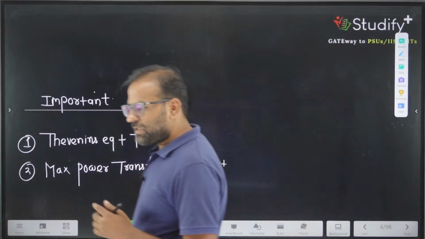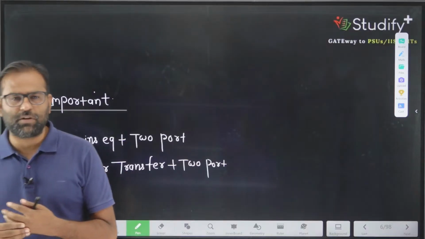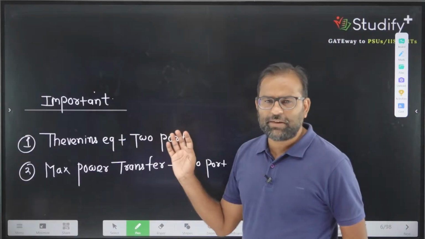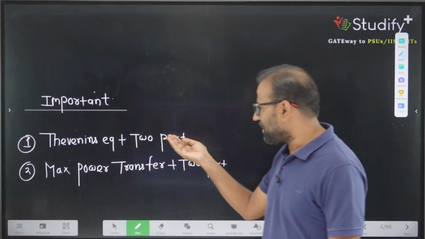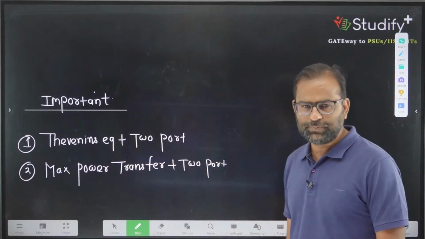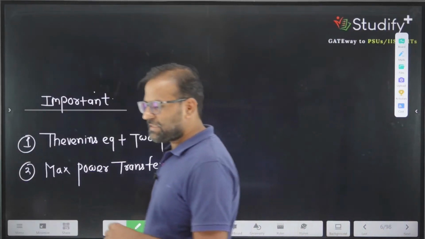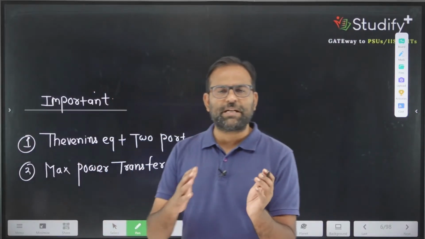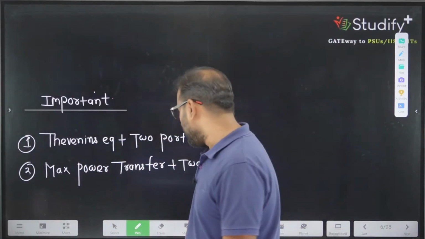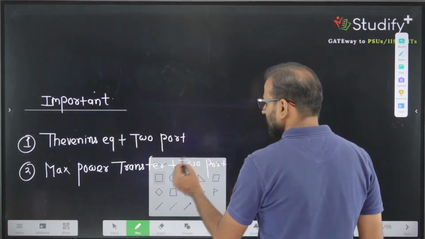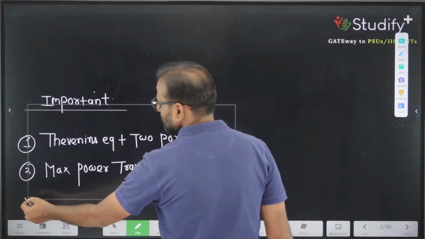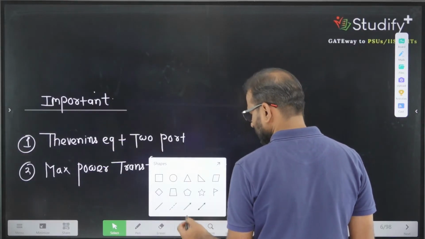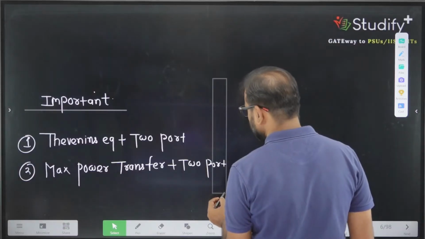So we will solve the two port network for resistive network, for network having some dependent sources, but they ask question from these two categories also. Maximum power transfer plus Thevenin's, and maximum power transfer plus two port. These two are important categories.